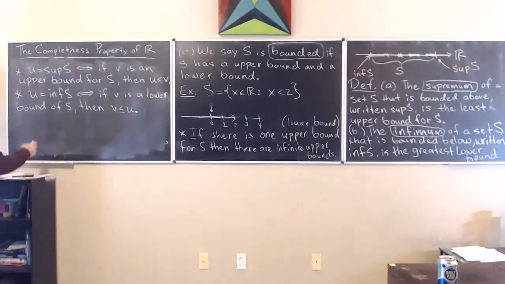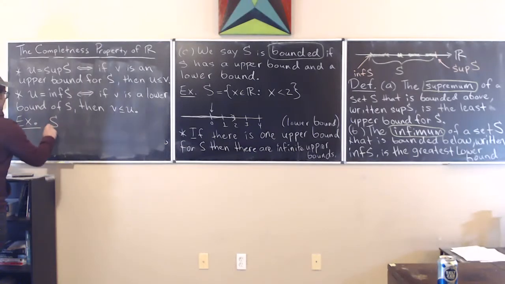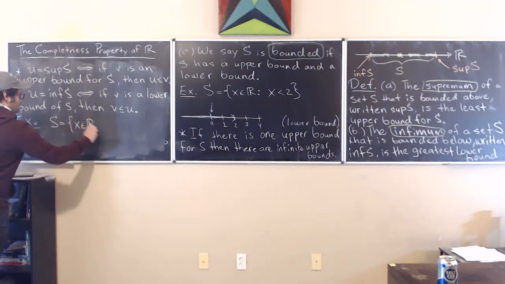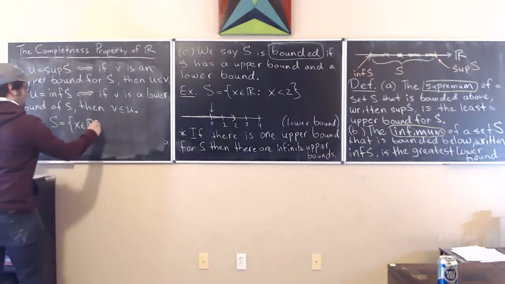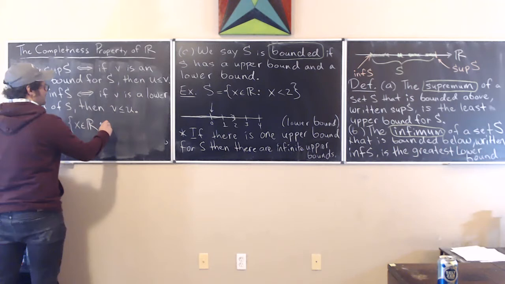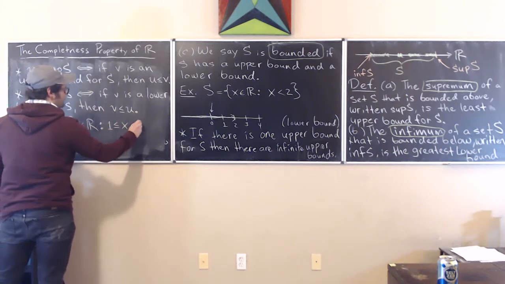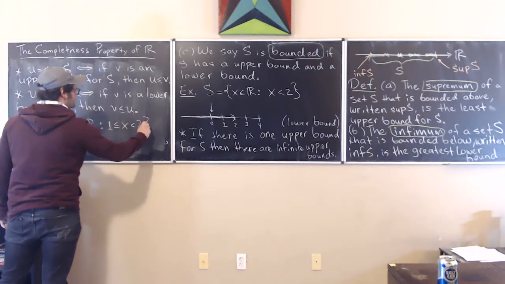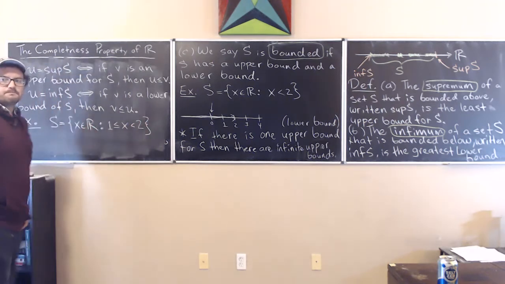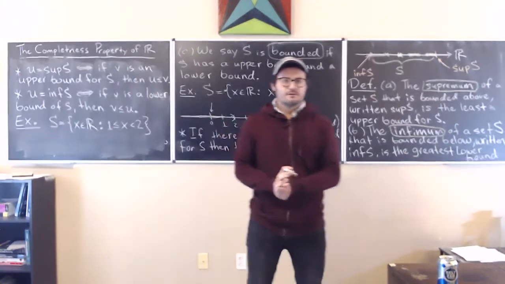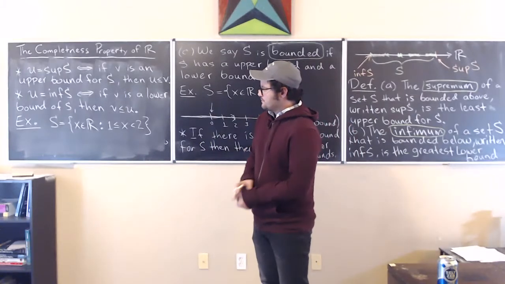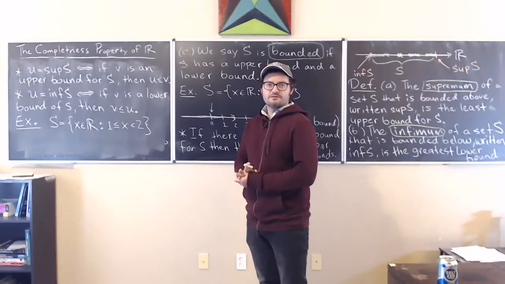So, for example, let's look at a test set here. Maybe S is equal to the set of all real numbers x such that 1 is less than or equal to x, which is strictly less than 2. Okay, so what would be the infimum of this set here?